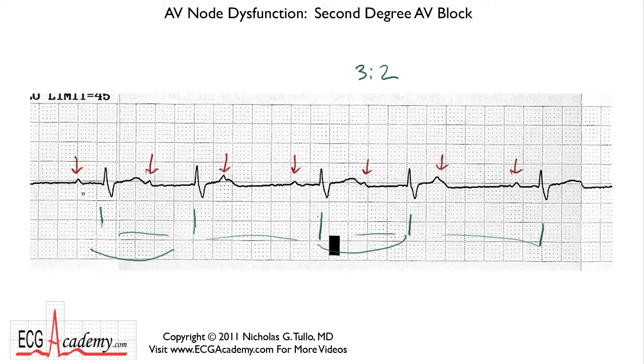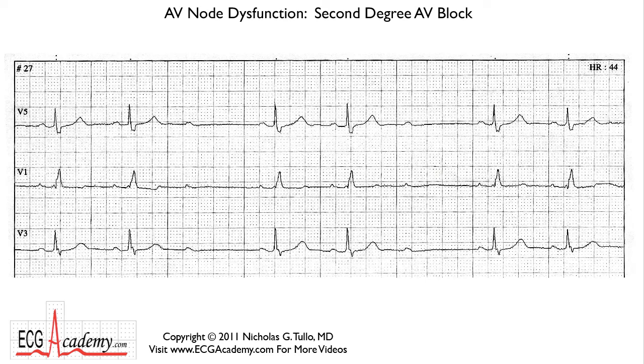But my point is that when you look at the relationship between the P's and the QRSs, you see this PR starts out long at maybe 300 milliseconds, but it gets much longer here. And then this P wave fails to conduct. And then your PR gets short again, it gets longer, and then this one fails to conduct. So what you have here is 3 to 2 Wenckebach or type 1 second degree AV block.